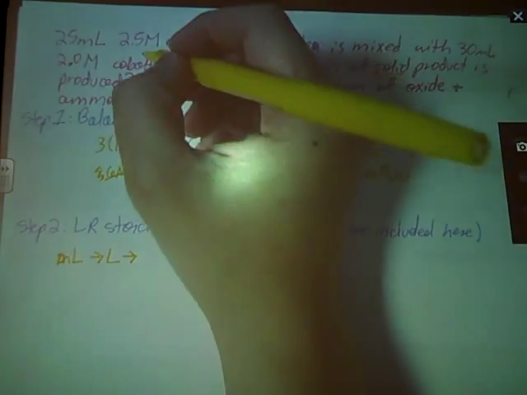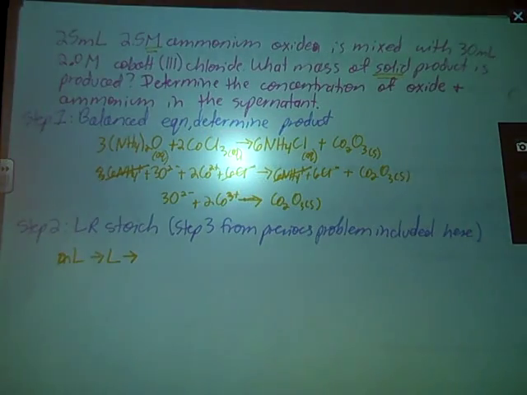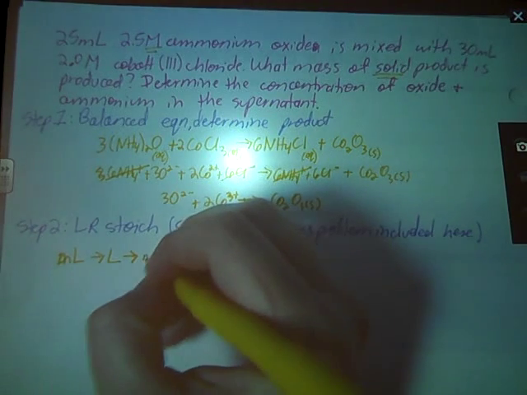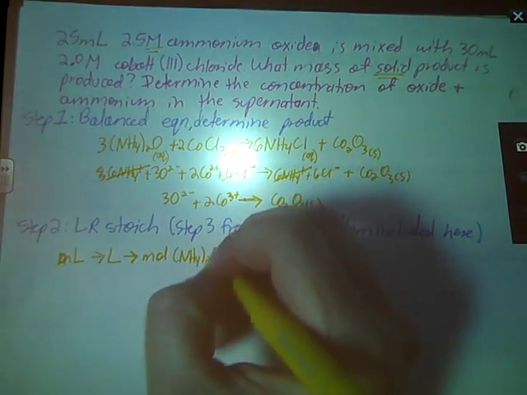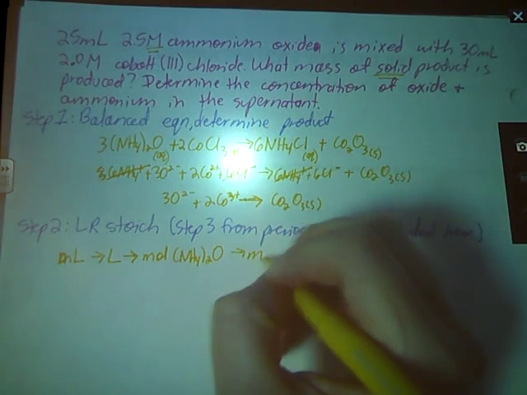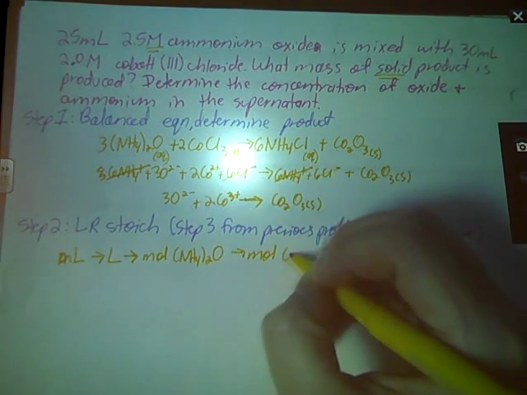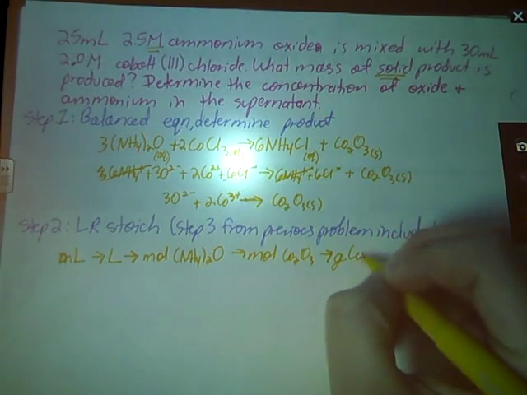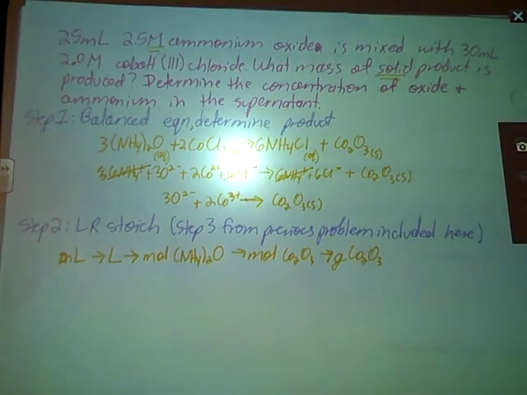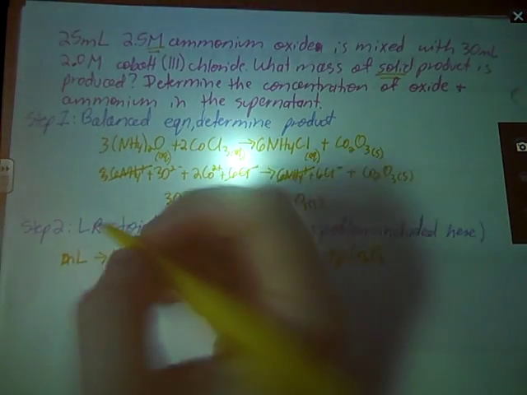So we're going to use this molarity feature here. Molarity is moles per liter, and that's what's going to allow us to convert right off the bat to moles of ammonium oxide. From there, we've got to go to moles of product, our solid product, and it asks us for the mass, so the last step is to grams. So 4 arrows, 4 conversion factors.